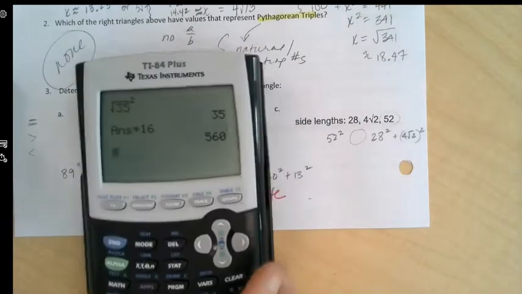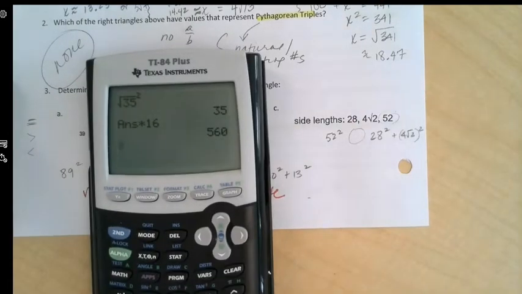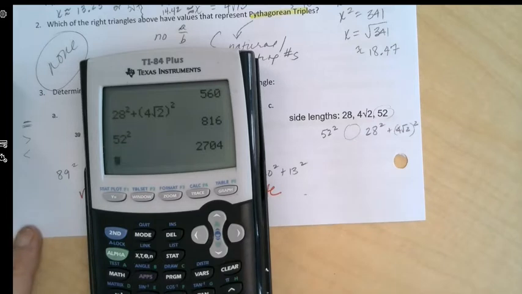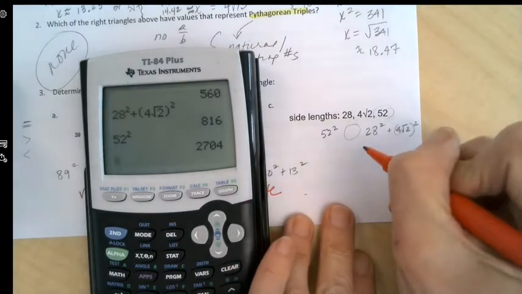All right, let's talk about this one. 28 squared, arrow out, plus 4 times the square root of 2, arrow out, close parens, square it. 52 squared. Oh my goodness, much bigger. So guess what?